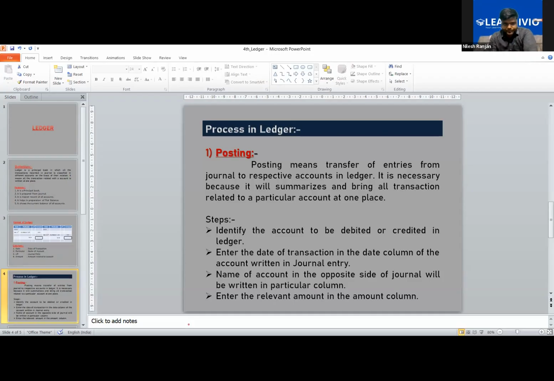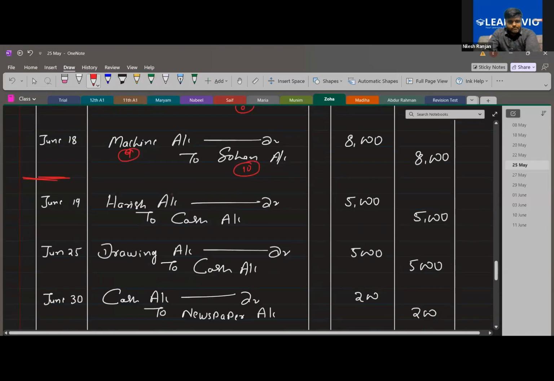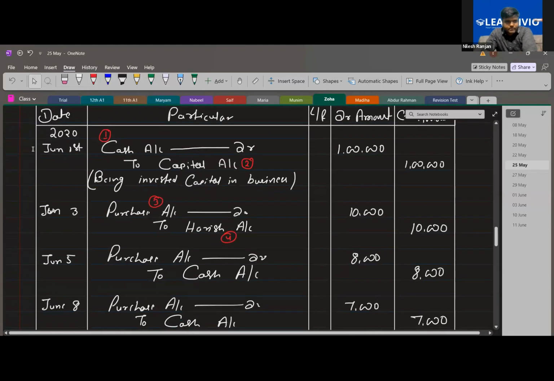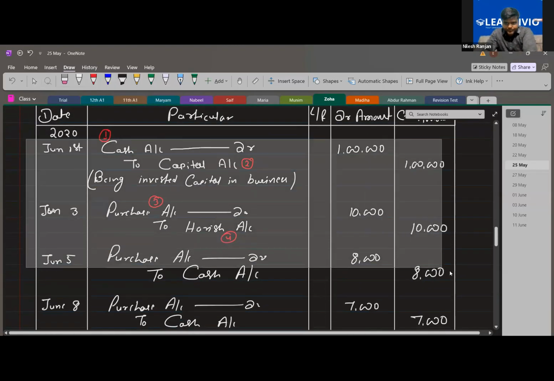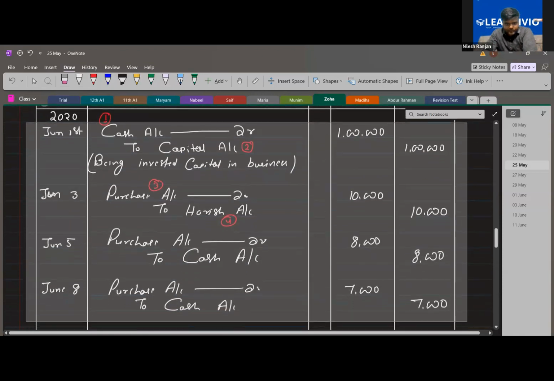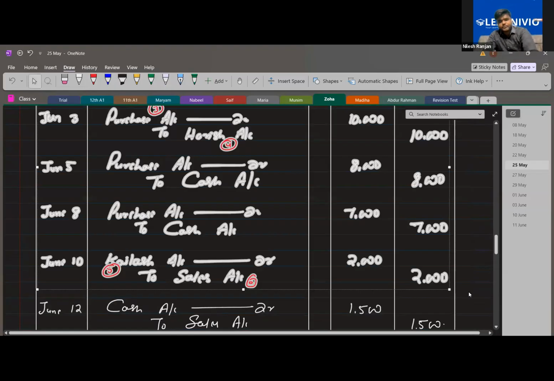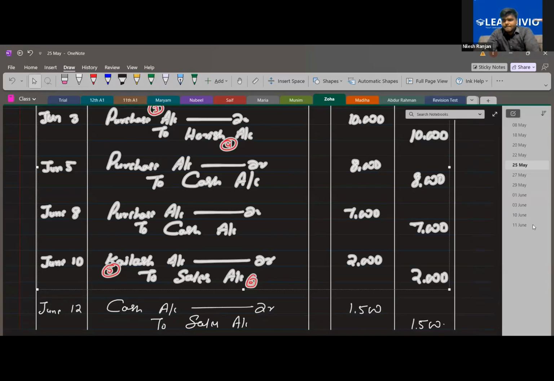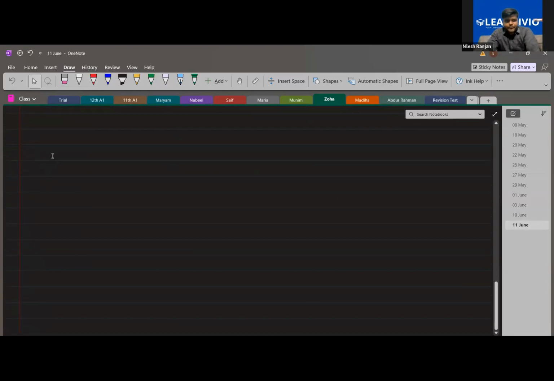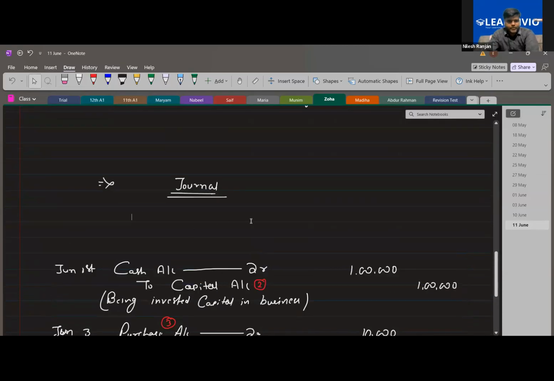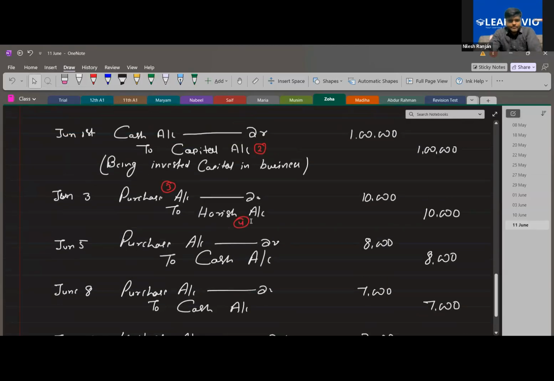First of all, let's copy some of the transactions from here. So these are the journals.